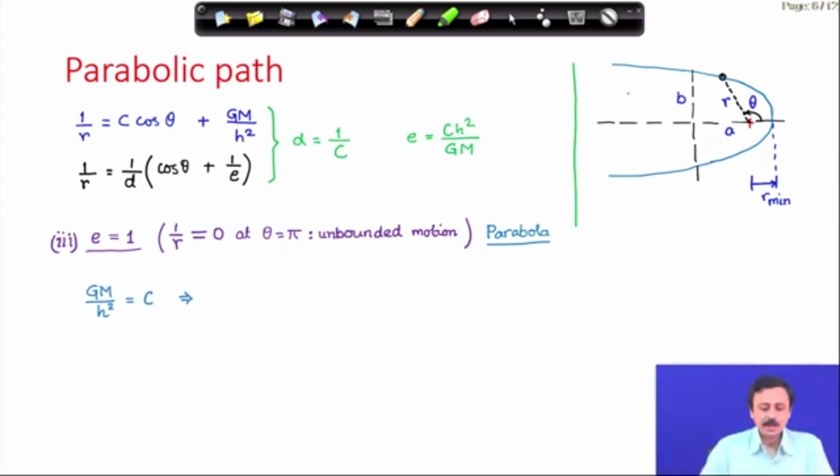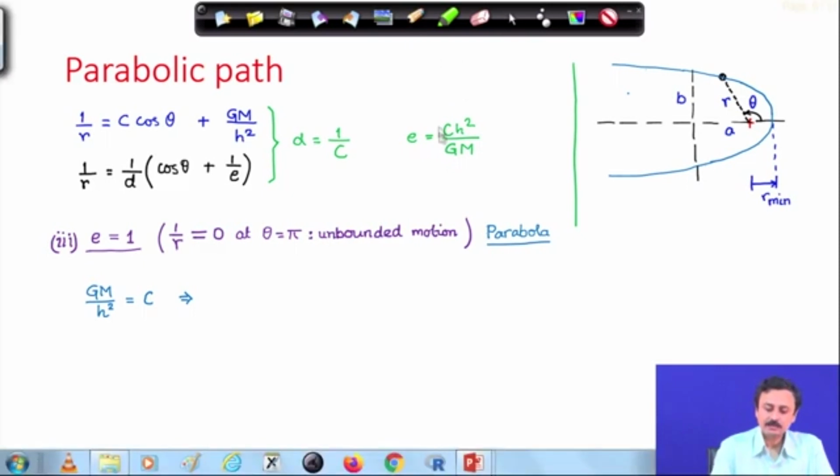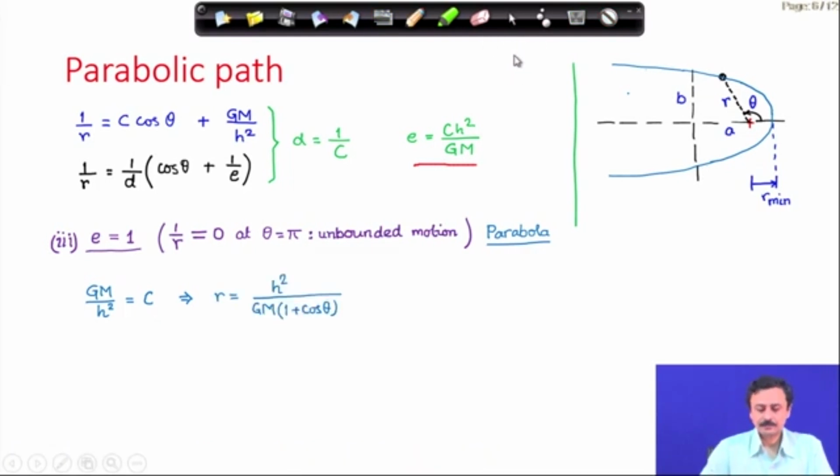Since e is 1 here, G M by h square is equal to C. And from here it follows that r is h square by G M into 1 plus cos theta.